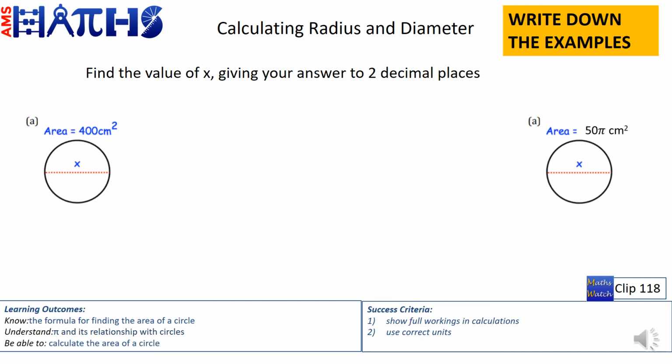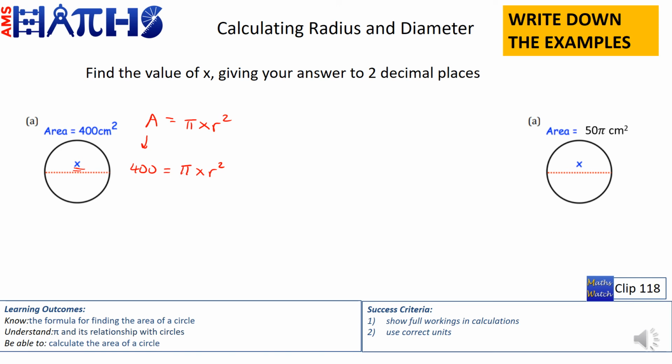Now, this time we want to find x, which is now our diameter, given the area. So our formula, area equals pi times the radius squared. Our area given was 400. We have pi times the radius squared, which is going to help us to find out what the radius is.